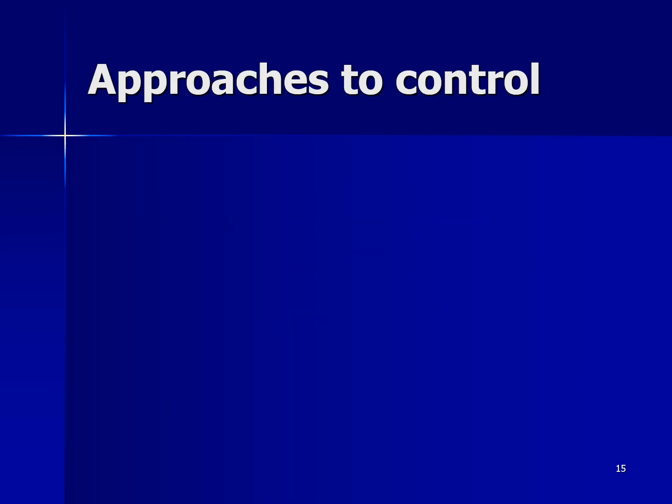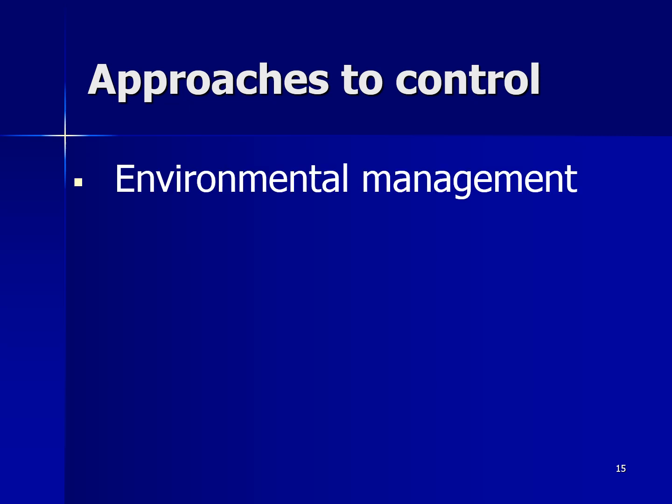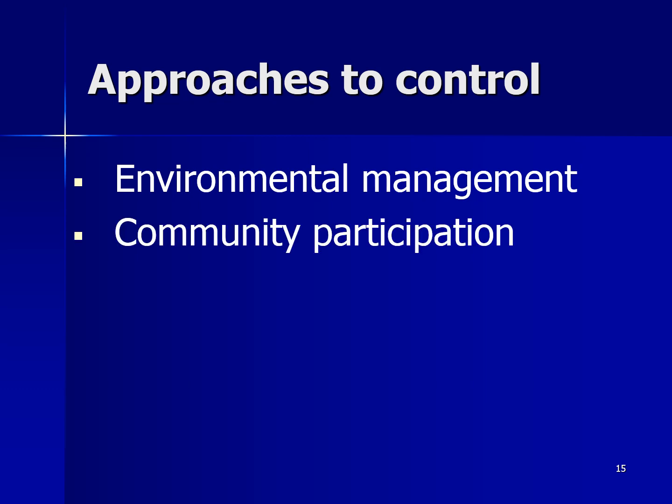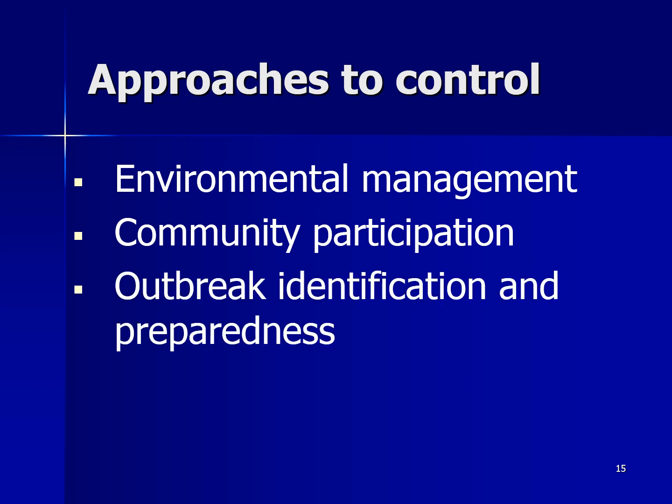When we talk of approaches to control, there are different approaches to control the dengue vector, the dengue mosquito. These are environmental management, which looks at the environment in which the agent and host are living. Community participation is one of the most effective techniques, in which the whole community strives to work towards a specific goal. Then outbreak identification and preparedness.